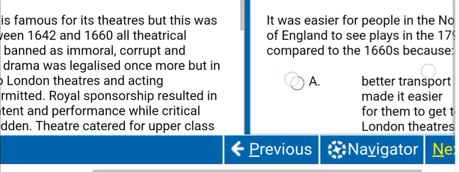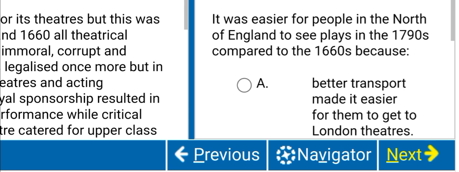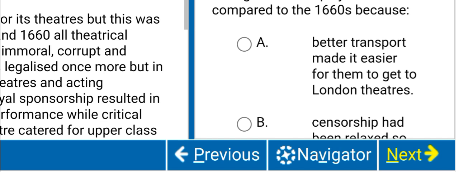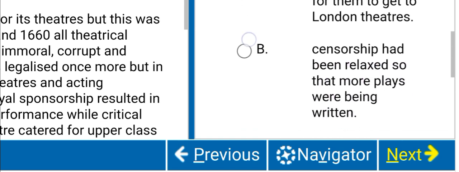The next question is: it was easier for people in the north of England to see plays in the 1790s compared to the 1660s because: option A, better transport made it easier for them to get to London theatres. Option B, censorship had been relaxed so that more plays were being written.